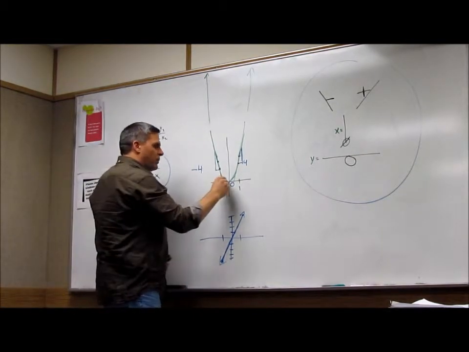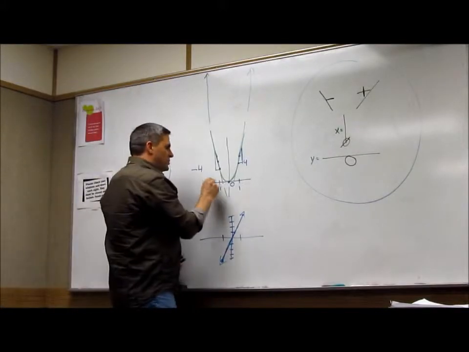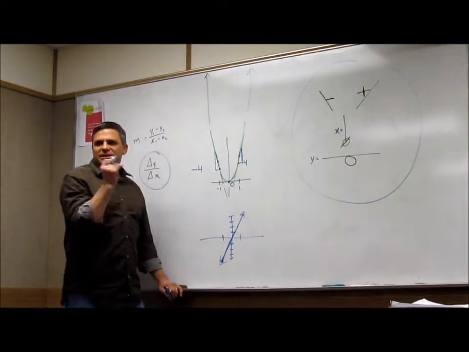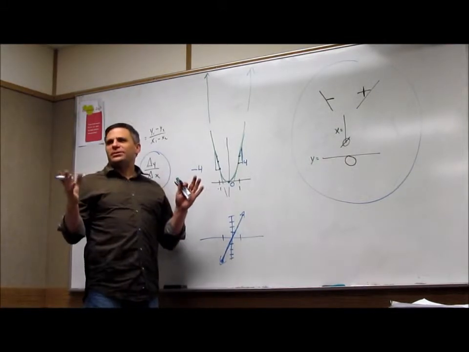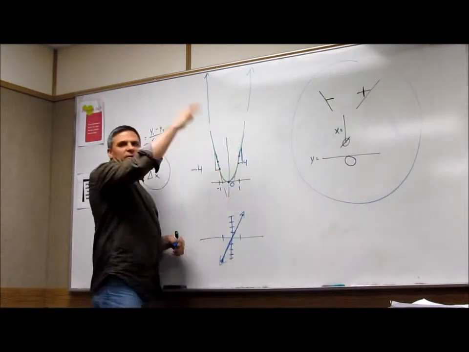And then this point, it's a little harder, but what you're trying to do is find what the slope is here. Well, here it's a straight line, so we know that that slope is 0. So we're trying to find purposeful points, like a point over here and a point over here, kind of seeing what's happening.